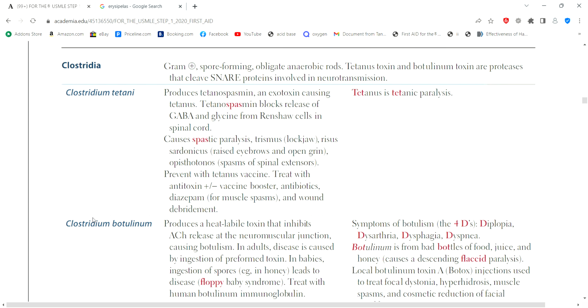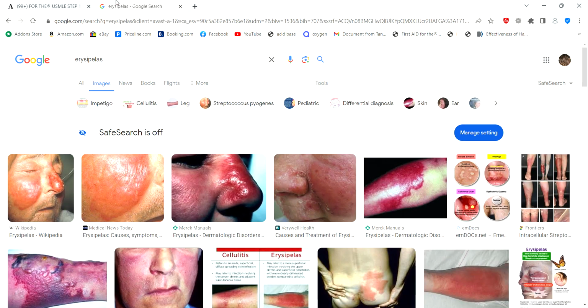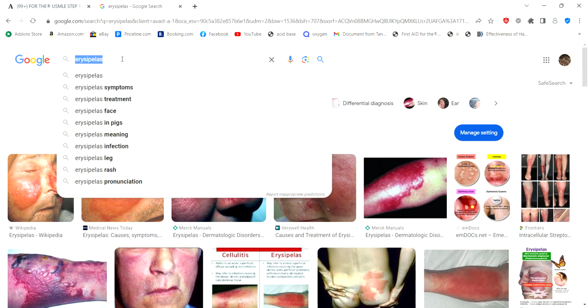So you're blocking the inhibitory neurotransmitters in the body, so the body becomes overly excited. That's why you get tetanus. Because if you block an inhibitory, you get excited. You get excitatory.